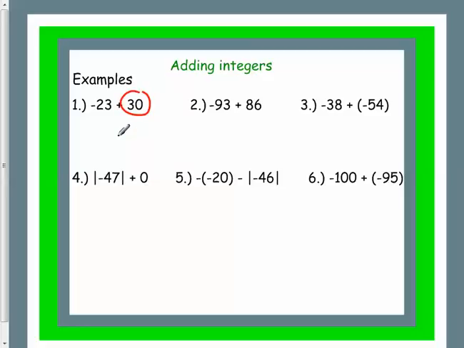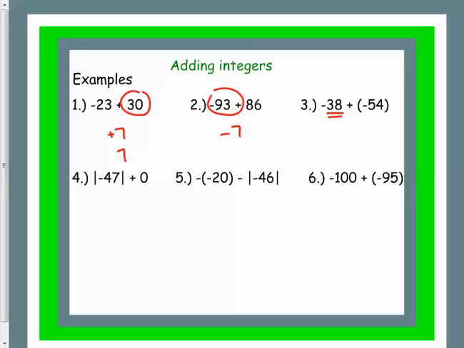The 30 is the bigger number. So 23 away from 30 is 7. And it's a +7, so you can write it like this or like that. -93 is the bigger one, so in this case, they're different signs, so we subtract. 86 away from 93 gives us 7, and it's a -7.